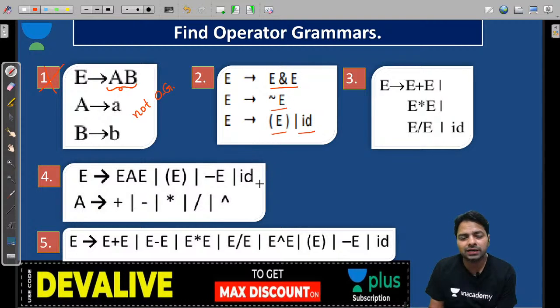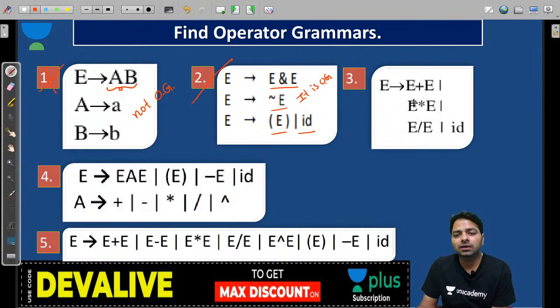You look at the RHS side, because it is already a context free grammar. So it is operator grammar. And the third one, you can see that there are no two consecutive non-terminals, and there is no null production too. So it is also operator grammar.